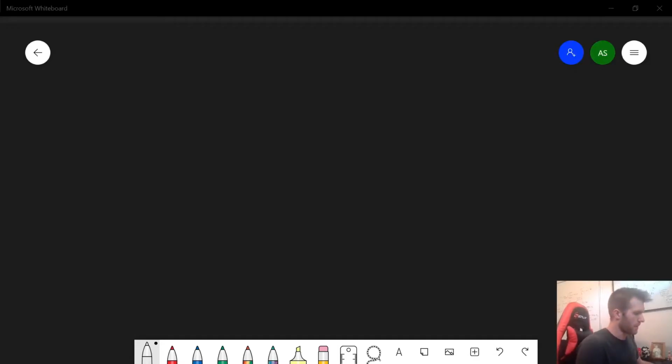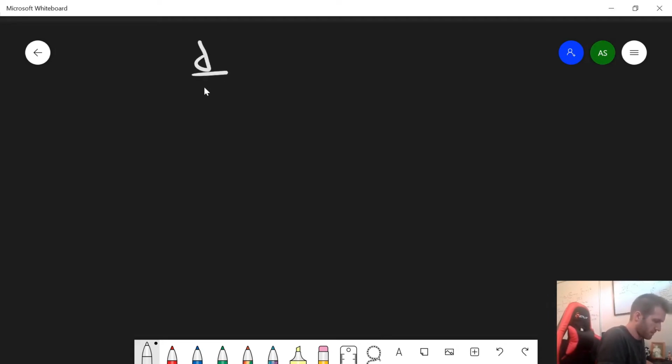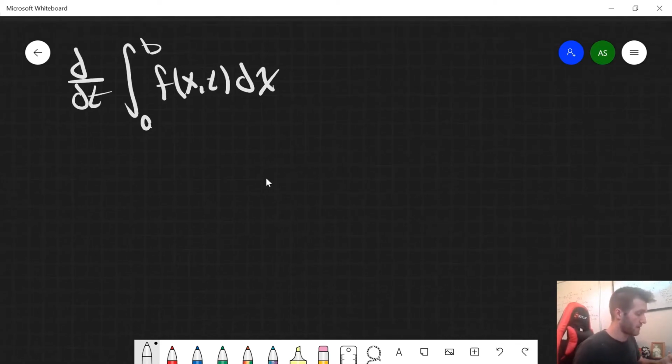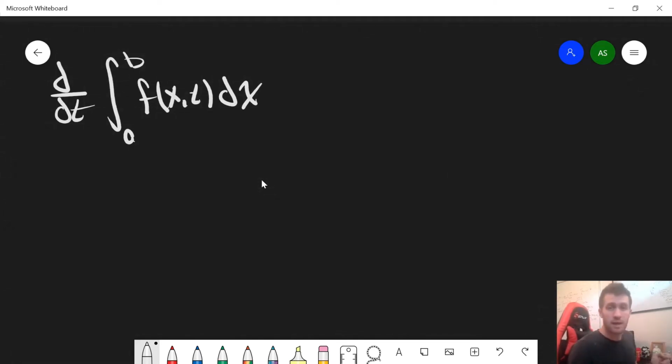Alright, so what the Leibniz rule of integration, or Feynman rule of integration, says is that if you take the derivative with respect to t of some integral from a to b of some arbitrary function of x and t with respect to x, it tells you that you can bring that differential inside the integral.